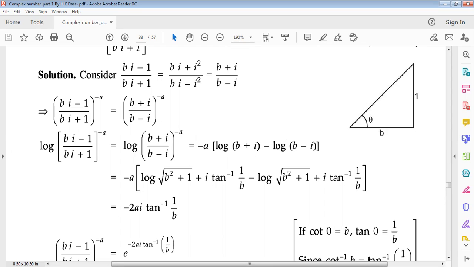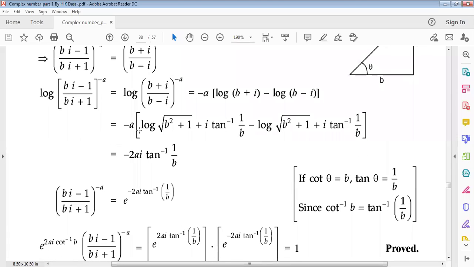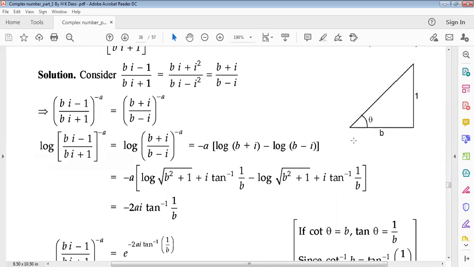For division we use a negative sign in logarithm. So this equals minus a [log of b plus i minus log of b minus i], which equals log of square root of b squared plus 1 plus i tan inverse 1 by b, minus log of square root of b squared plus 1 minus i tan inverse 1 by b.